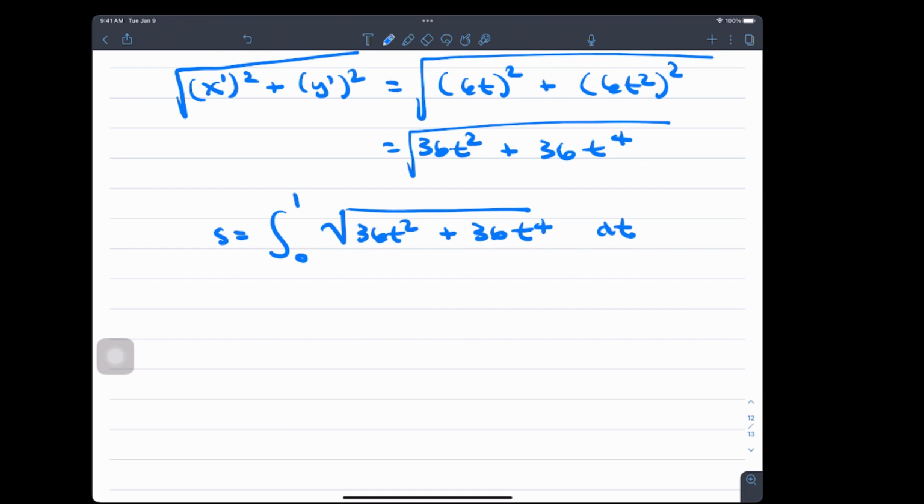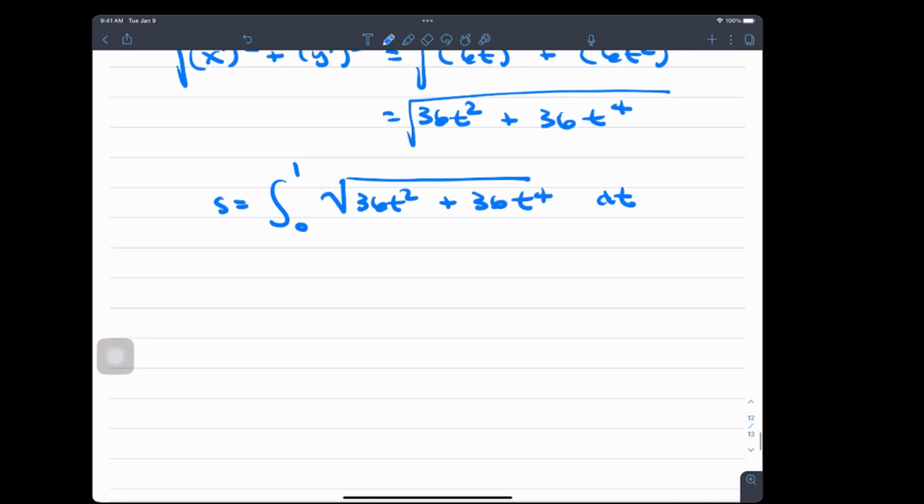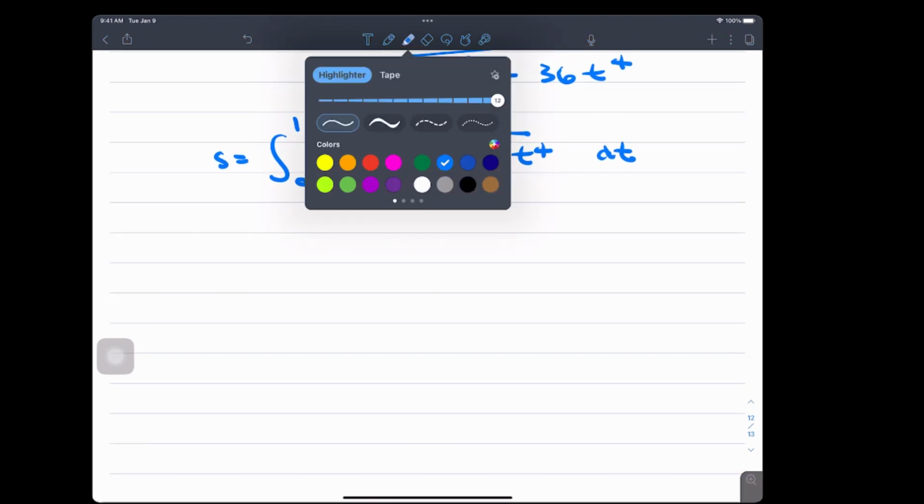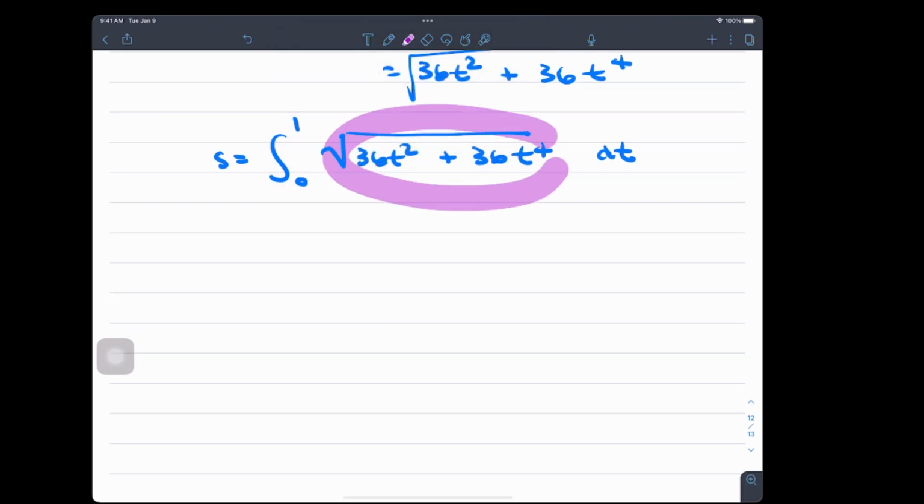Now you say, how am I going to integrate something like this? Ladies and gentlemen, you're going to use some algebra here. You say, what do you mean? I can factor out 36t squared, and I'm left with 1 plus t squared.